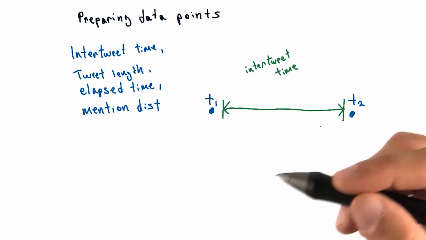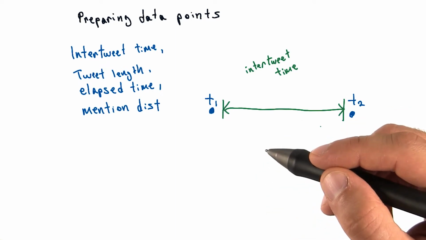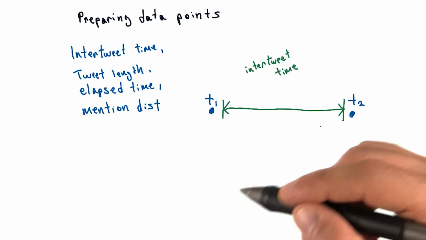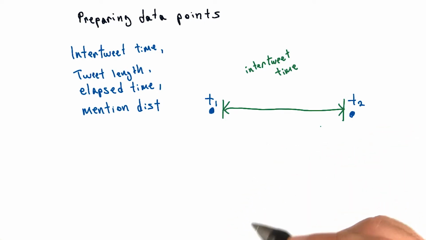But we want something that's more fine-grained than this. What we're looking for is, given an amount of time that has elapsed since the previous tweet, how much more time do we have to go until the next one? We're going to produce that information for each pair of given points.